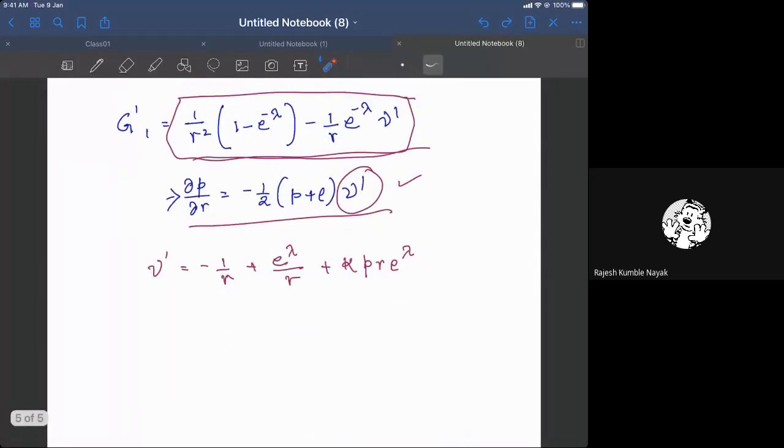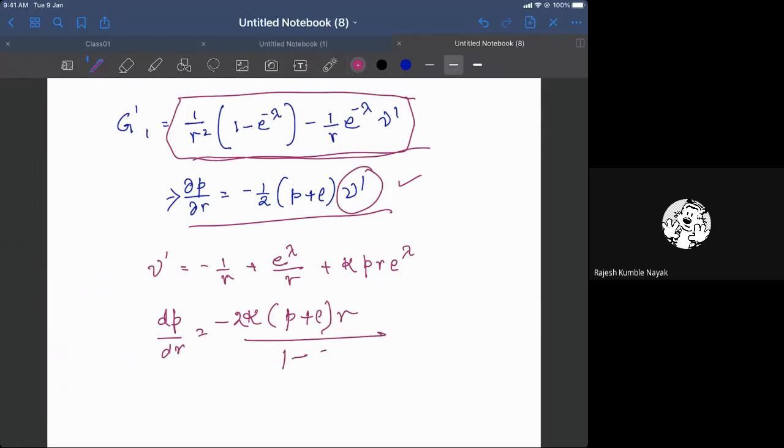So e to the power lambda can be substituted, and then we get dp by dr is equal to minus kappa, 2 kappa into (p plus rho) into r divided by (1 minus 2 mr by r), and (p plus 1 by 3 rho). So it's just algebra. You can substitute back and get this.